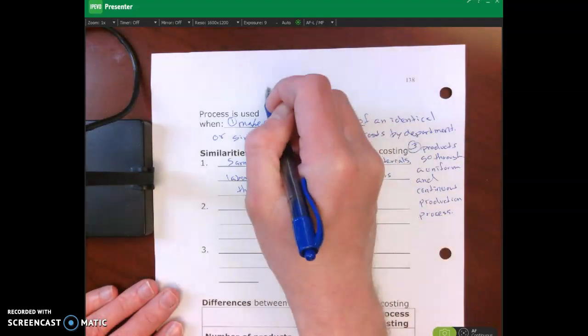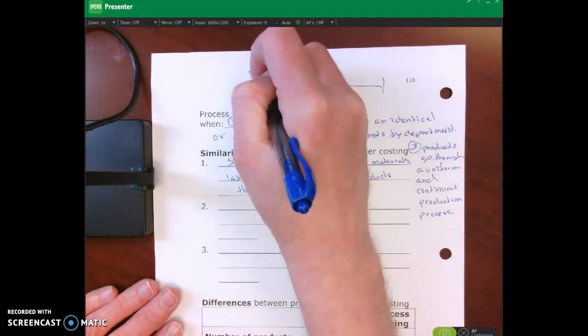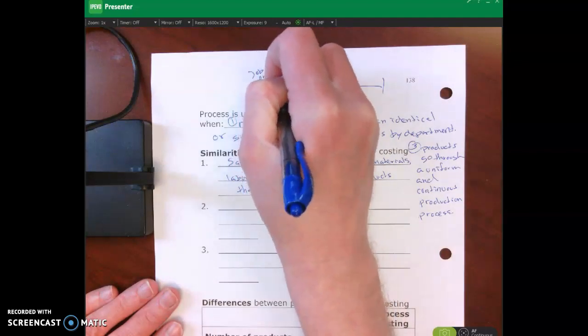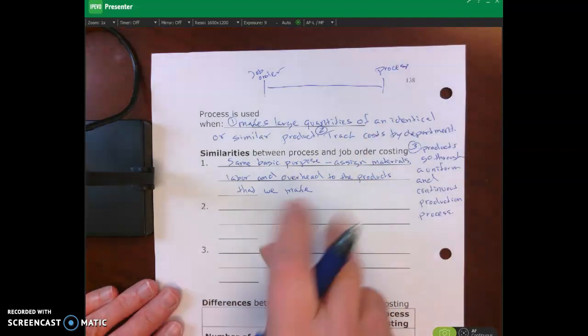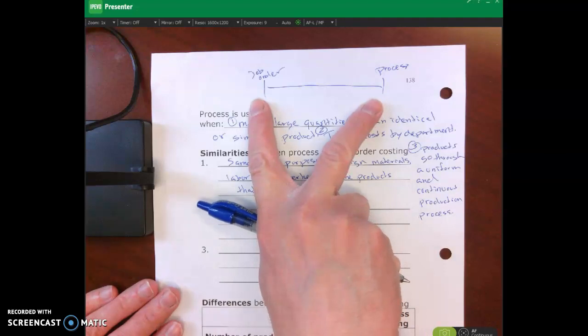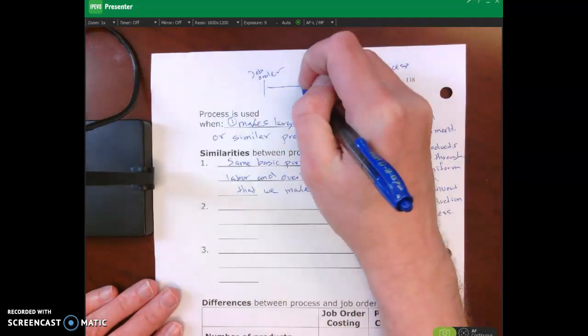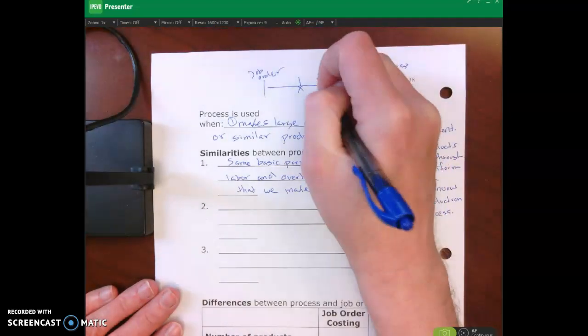Also keep in mind that we have our job order, and then we have our process costing system up here. These are two ends of a continuum, okay? In reality, a lot of companies might be over here, or they might be over here, or they might be here.